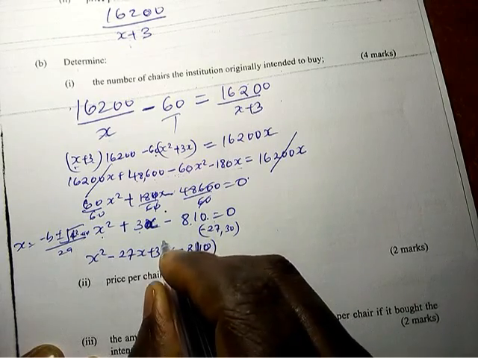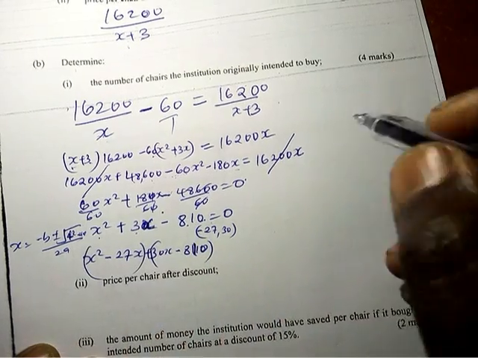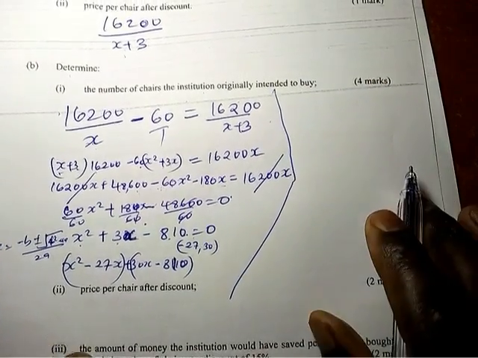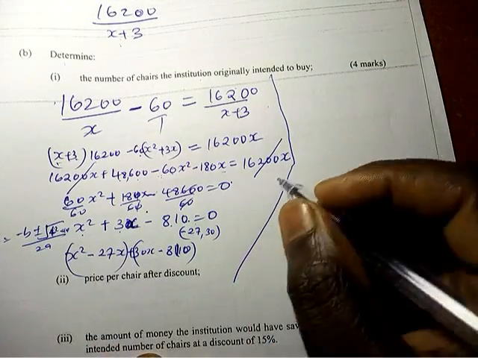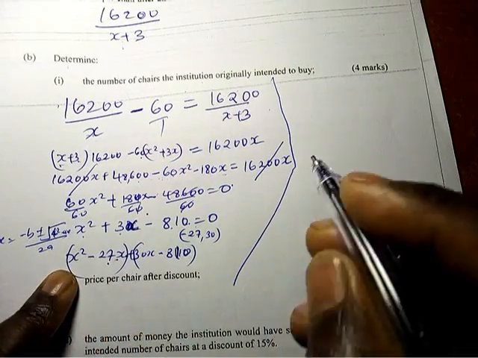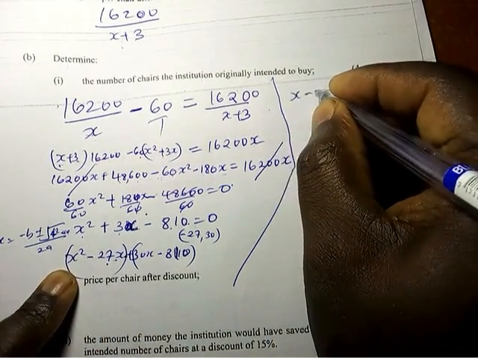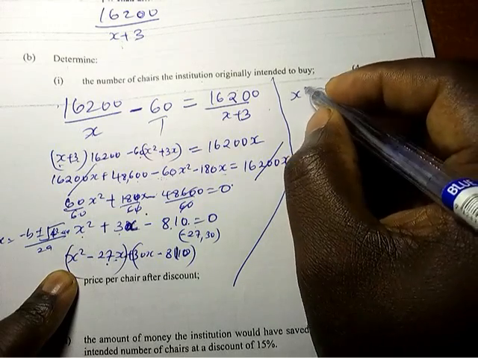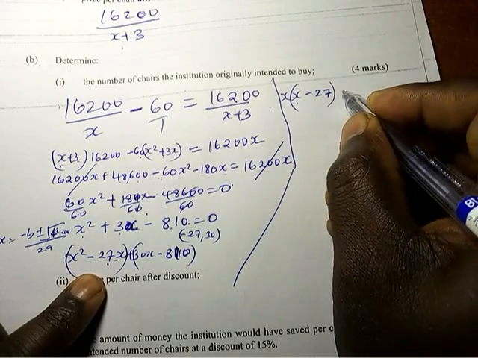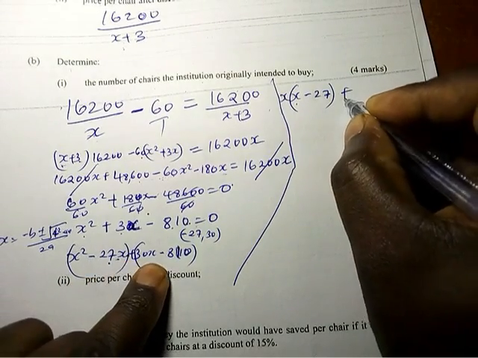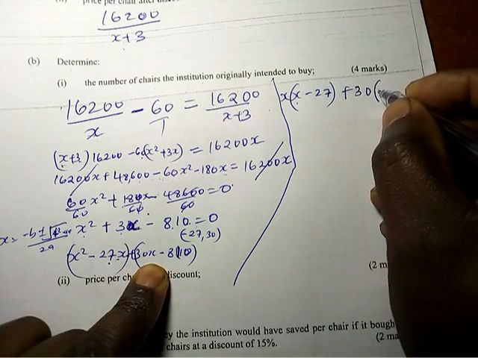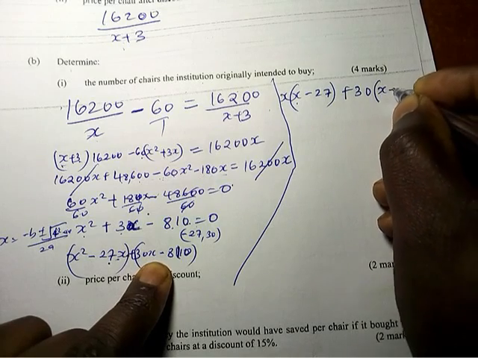You group them. The common factor here is x, which is going to remain x minus 27. And here the common factor is 30, which is going to be here x minus 27.